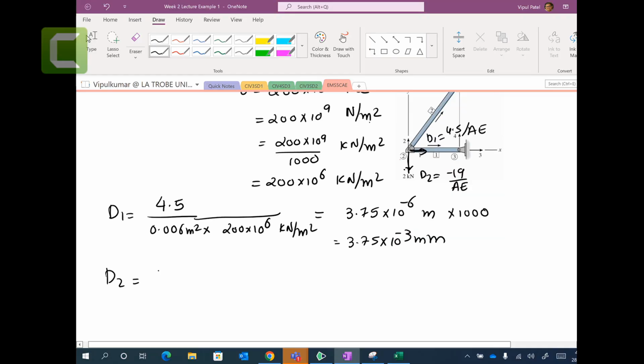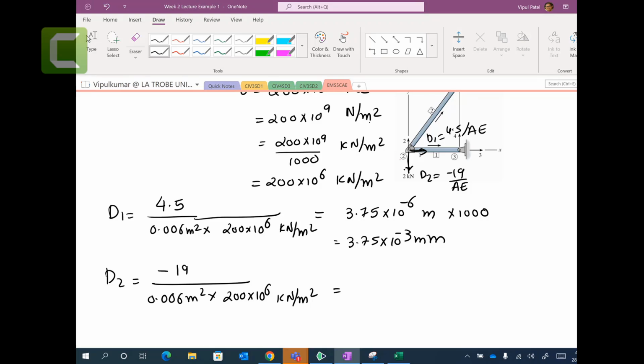Similarly, D2 equal to minus 19 over 0.006 meters square times 200 times 10 raised to 6 kilonewton per meter square. So 19 divided by 0.006 times 200 times 10 to the power 6, you get 1.58 times 10 raised to minus 5 meters.